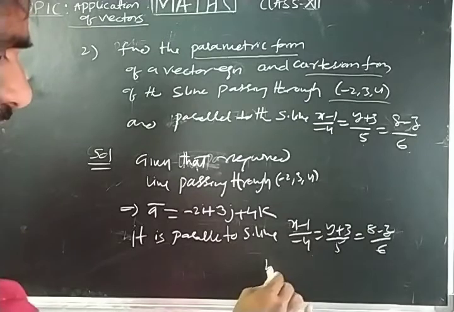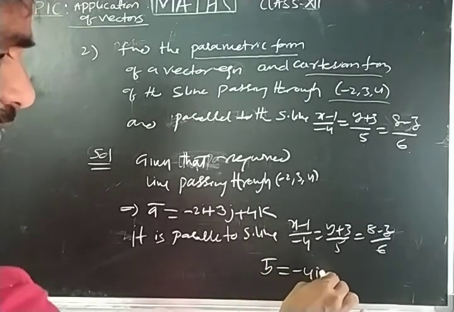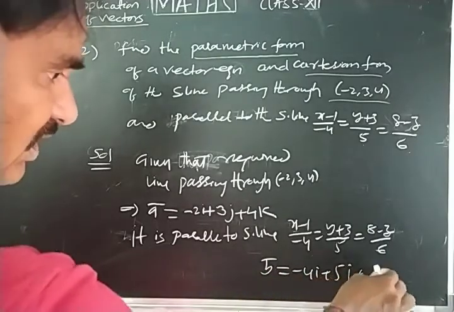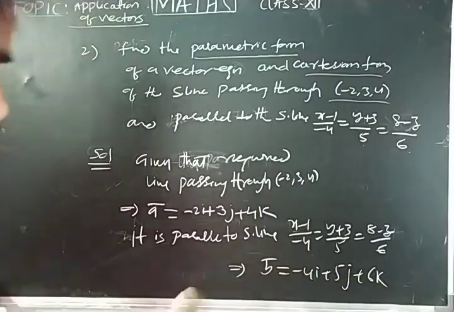So we can take b bar equal to minus 4i plus 5j plus 6k here.